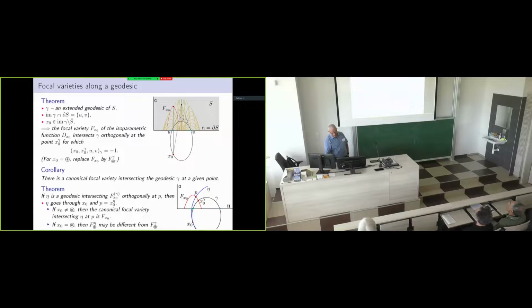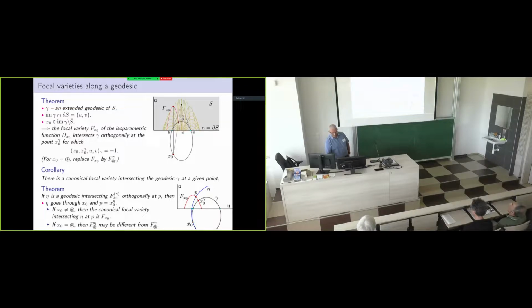So if you want to get a focal surface through this point, you should take its harmonic pair relative to the intersection points U and V and take the focal surface of the function d x0, and it will give you this focal surface. And so these focal surfaces will move along gamma.